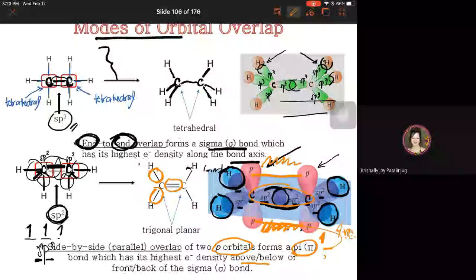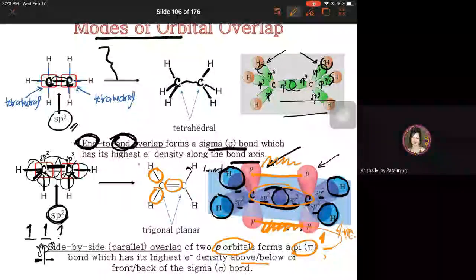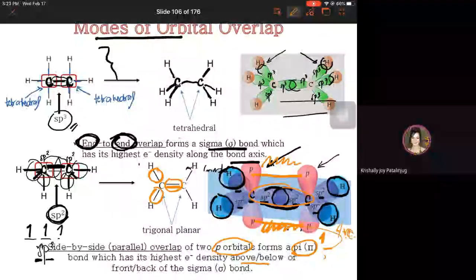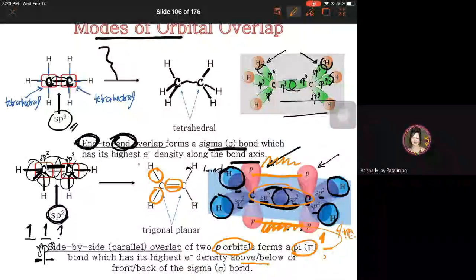So that is how this second bond in a double bond is being formed. Yung mode of orbital overlap ng p orbital is side by side.